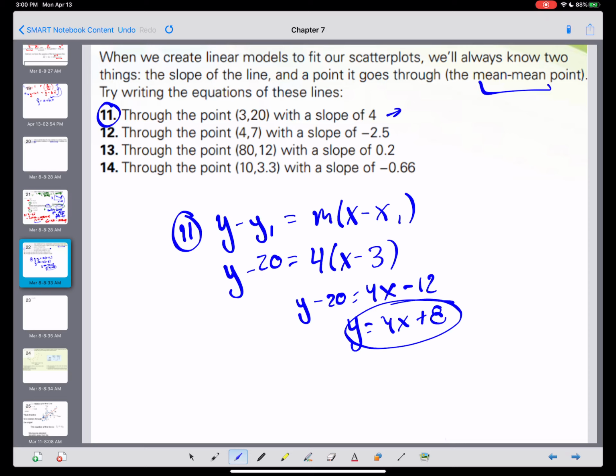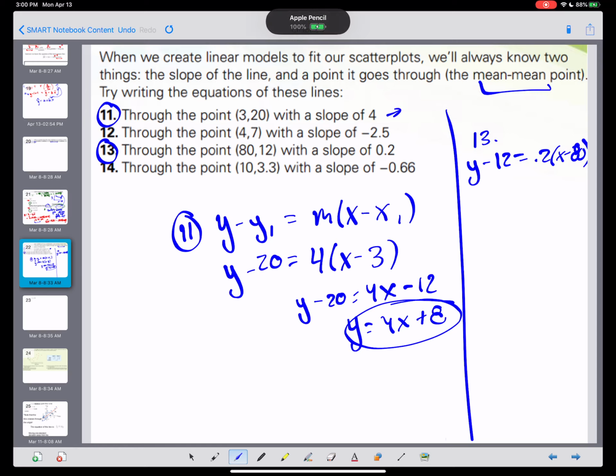Okay, I'm not really going to talk more about that just because you guys should know how to do this. Maybe I'll just do 13 real quick. 13 would be y minus 12 is equal to 0.2 times x minus 80. And then you would just solve for y there. And that would be your linear model.